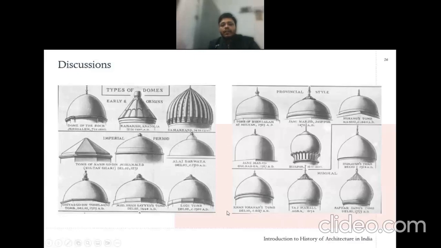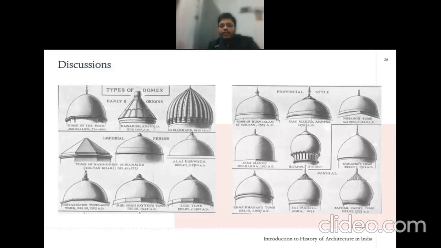Again, the provincial styles of dome were the tomb of Rukn-e-Alam at Multan, then the Jami Masjid of Jaunpur, Husain's tomb, then the Jami Masjid of Gulbarga, then the Bijapur tomb.